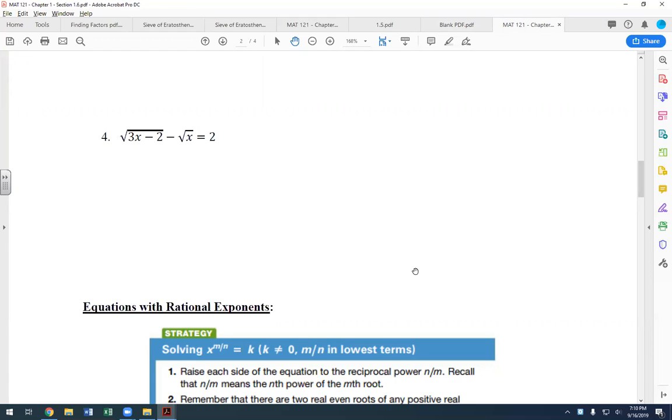This one, if you don't think you have enough space, get a piece of paper out. It does take quite a few steps to go through this one. So we will start by adding that square root of x, moving it to the other side. And we will have square root of 3x minus 2 equals square root of x, and then outside you have the plus 2.